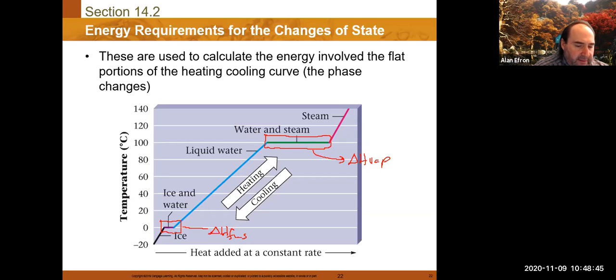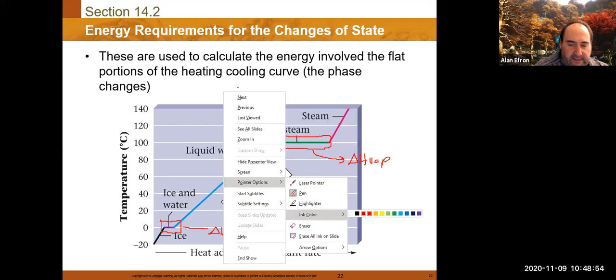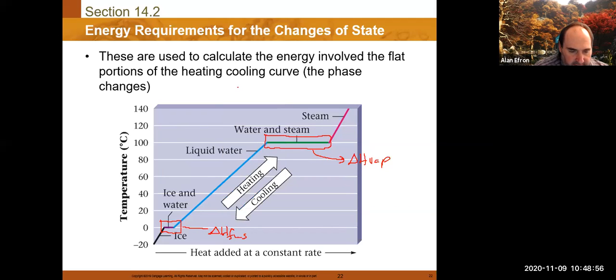Pretty much down here, this part of the curve that goes upward is something that's in the same phase, but a different temperature. So for this part here, we would use our specific heat capacity equation, Q equals ms delta T. Anywhere where it goes upward implies that the phase is the same, but the temperature is changing.